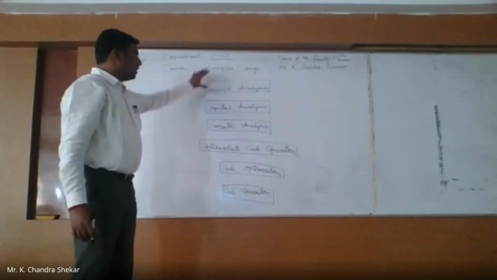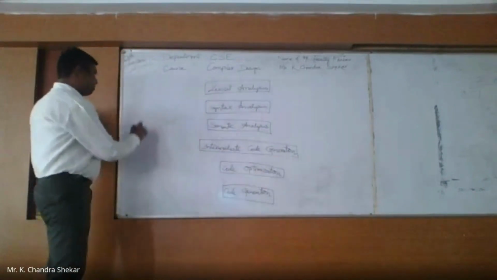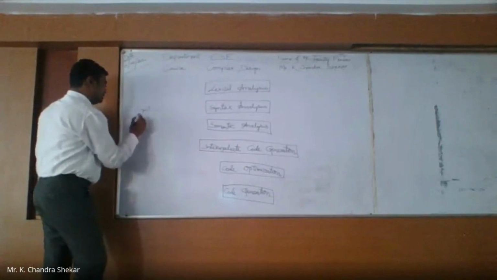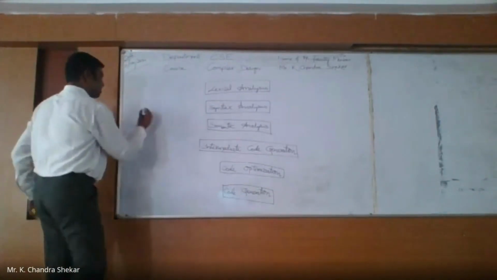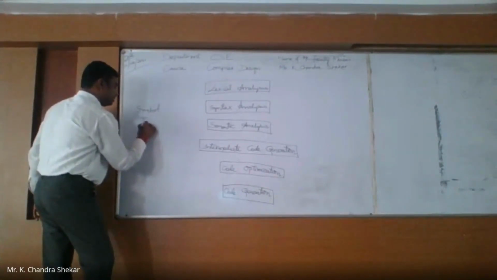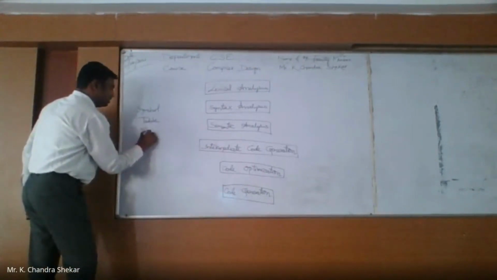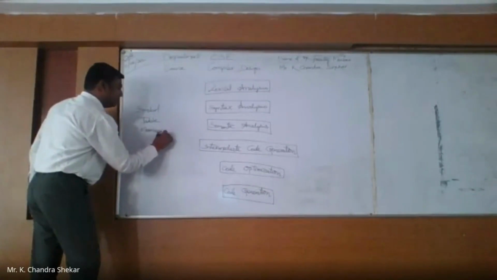Right? Now, along with these 6 phases of compiler, you have another 2 components involved in the phases. One is the symbol table manager, or symbol table management.